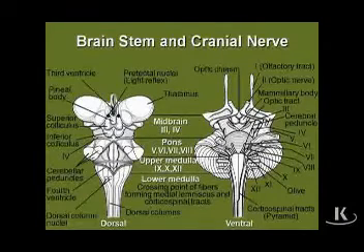Note that cranial nerve 5, which is the largest of the cranial nerves, is really the only true pontine cranial nerve, because its fibers, as you see here, are actually entering or exiting from the rostral and lateral portion of the pons itself. In contrast, even though we call them pontine cranial nerves, 6, 7, and 8 are exiting right at the pontomedullary junction.